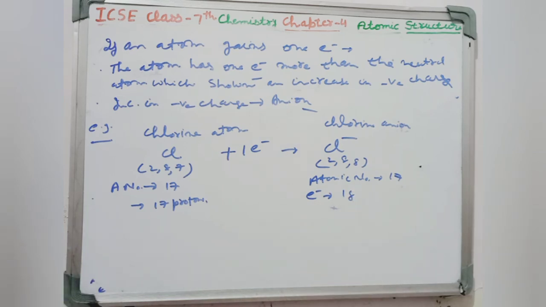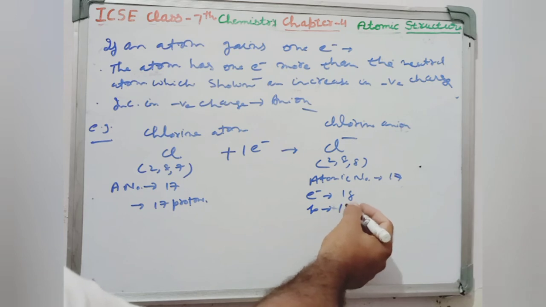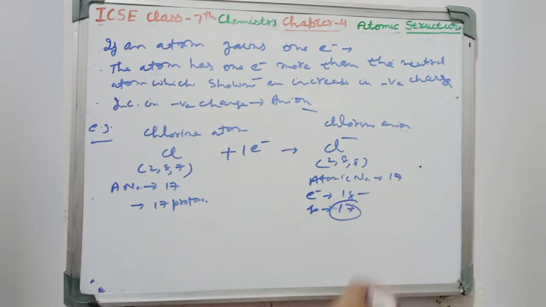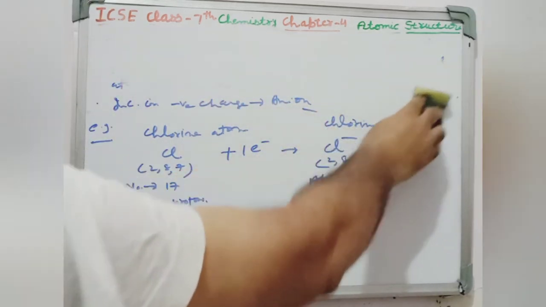Protons will remain 17. Only electrons have changed. So this is the effect of losing or gaining an electron. Right, students?